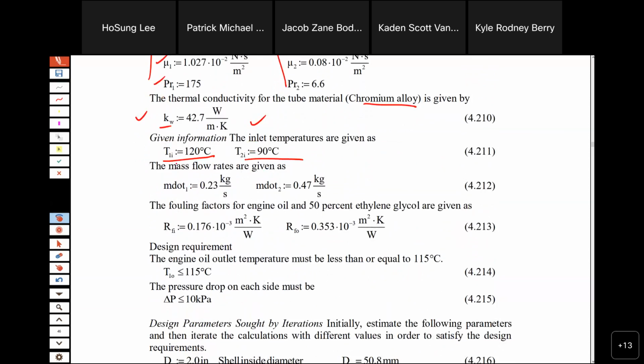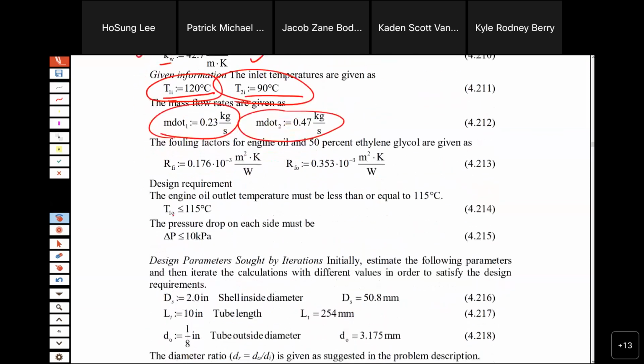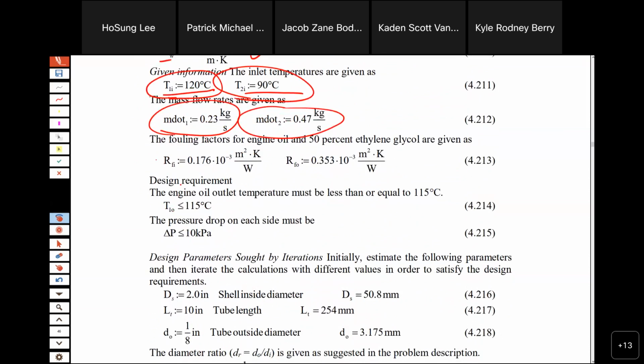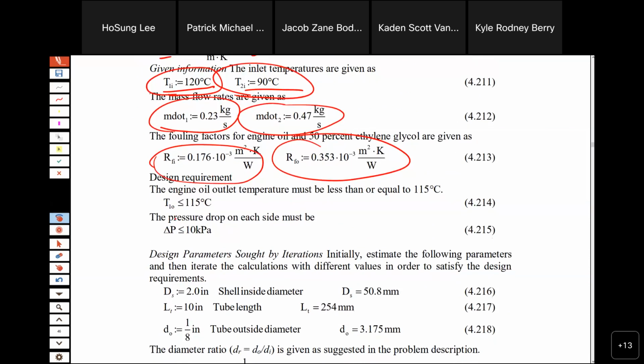Okay, state 1 is usually the given inlet. One is hot, always. Two is cold. And the mass flow rate, if it is given, and the fouling factor, if given in this case, then you can use it. If it is not, assume there is no fouling factor. But if it is given, you can calculate.